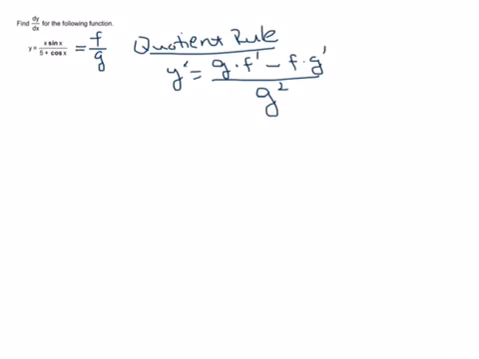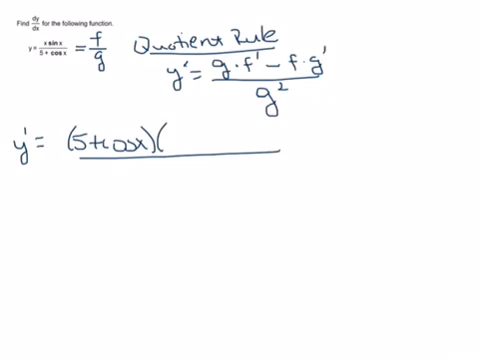Okay, so to do that in this problem, we have y prime is equal to, nice big fraction, the denominator, bottom function, 5 plus cosine of x, times the derivative of the top function. Now the top function is a product, x times sine of x, so we need to use the product rule in the numerator.